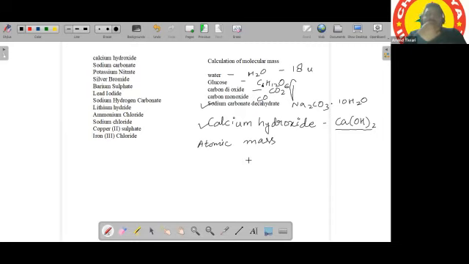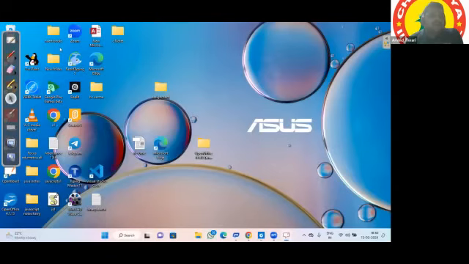Okay, who has calculated for glucose? Smith and Aman, whatever answers you get, just message that answer so I'll keep on checking. Be quick. We have just 1 to 2 minutes.